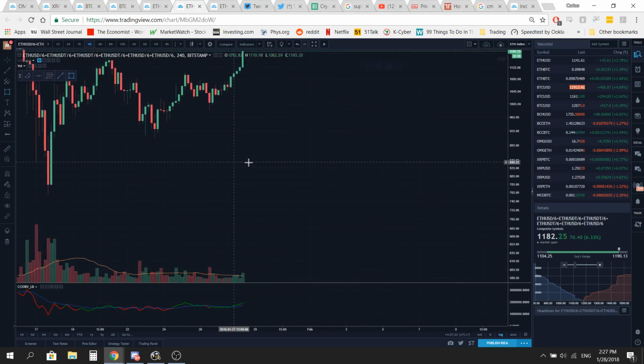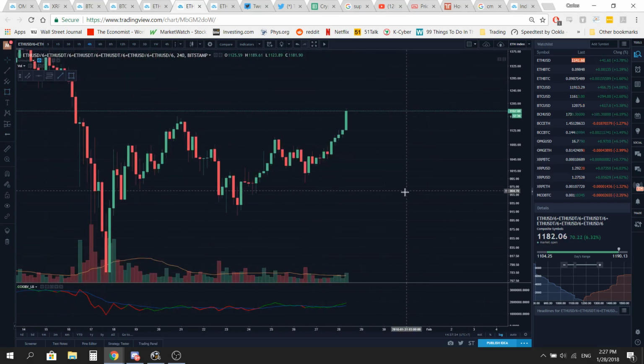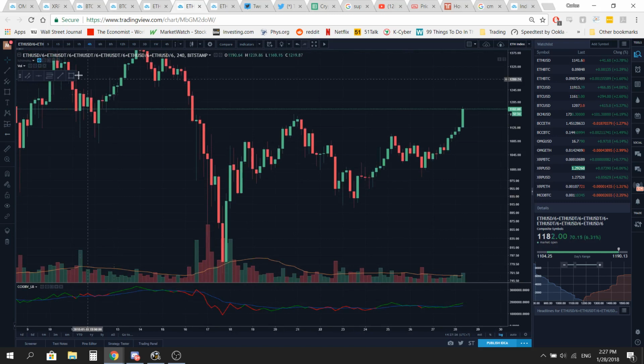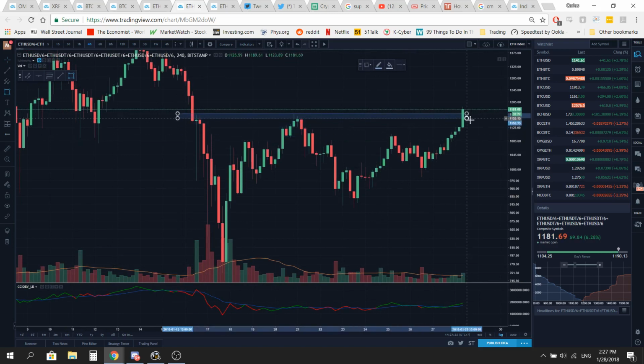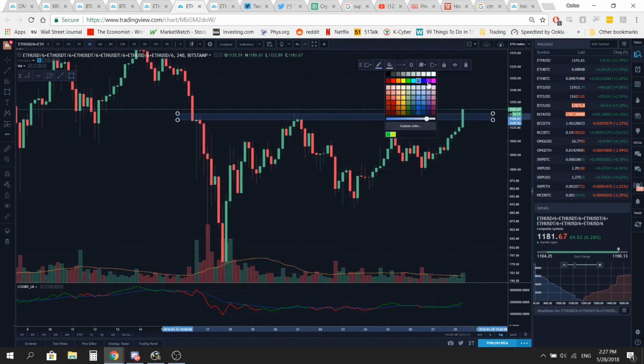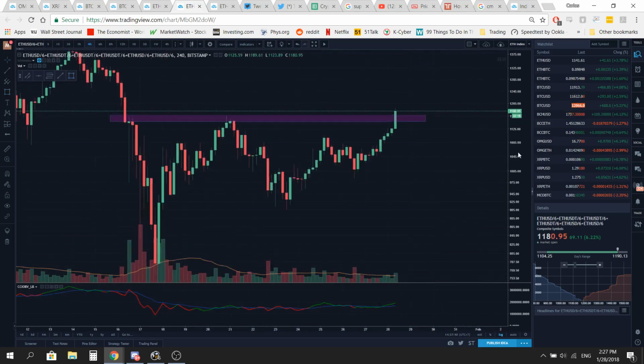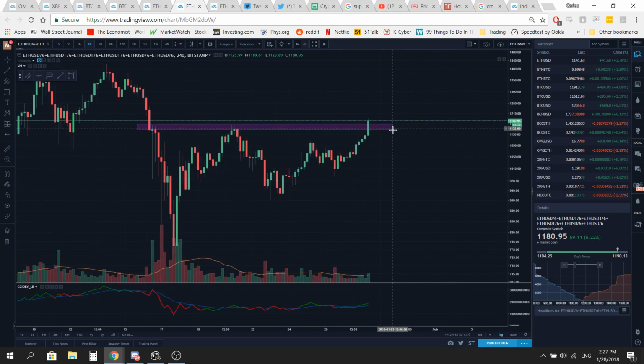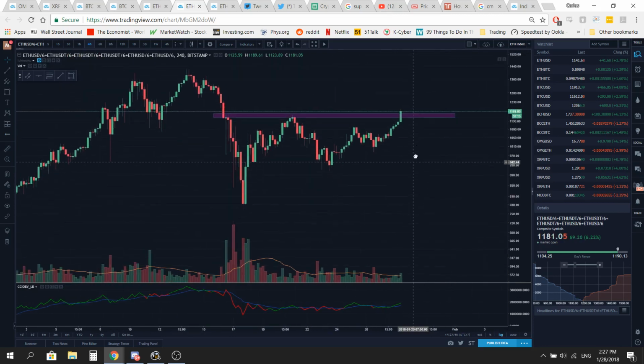So let's draw our triangle here. I'm going to draw my horizontal resistance zone right here. I'm going to make that perpendicular. Alright, let's pan this over a little bit. Okay, there's that.